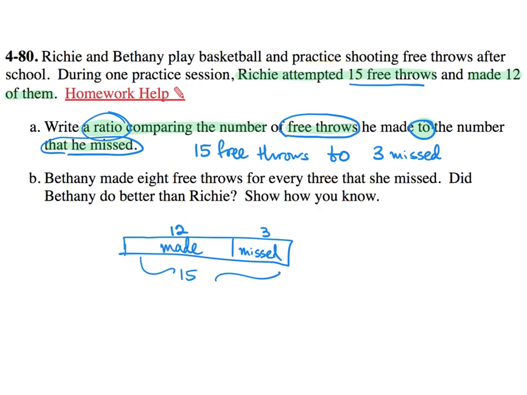So it states that Bethany made 8 free throws for every 3 that she missed. So that's different information. So before you answer the next question, let's do a visual on that. And for my diagram, that was for Richie. I'm just going to say R for Richie, and the total was 15.